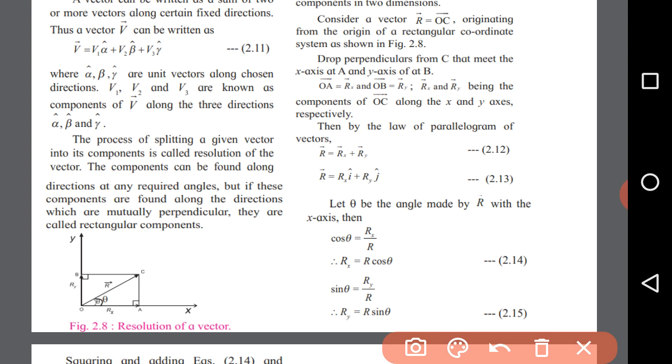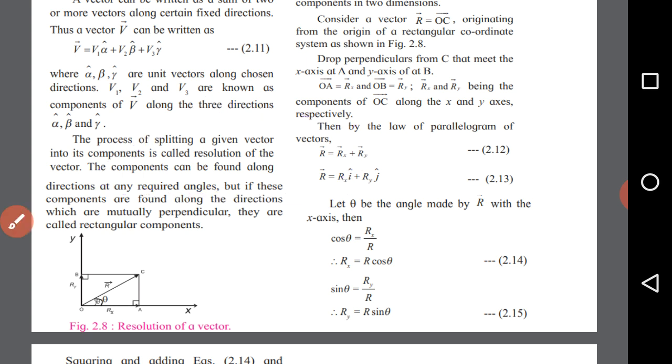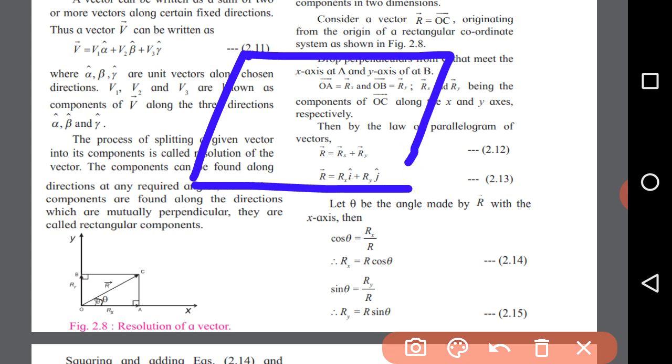Now in the law of parallelogram we found the direction of the resultant, but in a parallelogram all opposite sides are parallel, while the angle between two sides is not equal to 90 degrees. When it is equal to 90 degrees, it will be a rectangle or square.